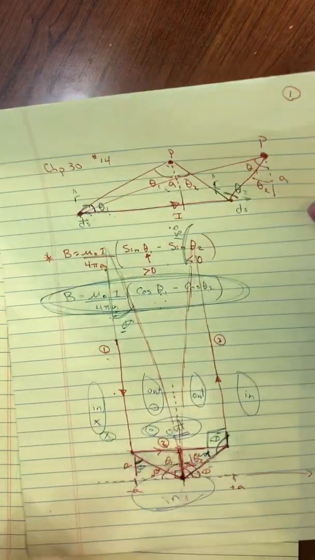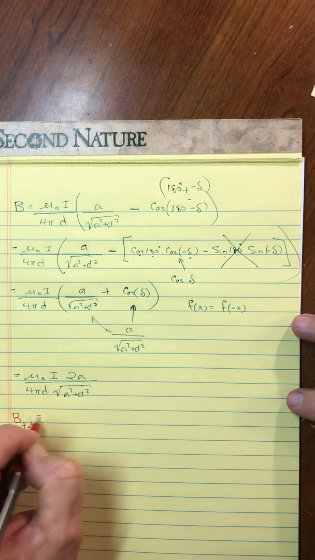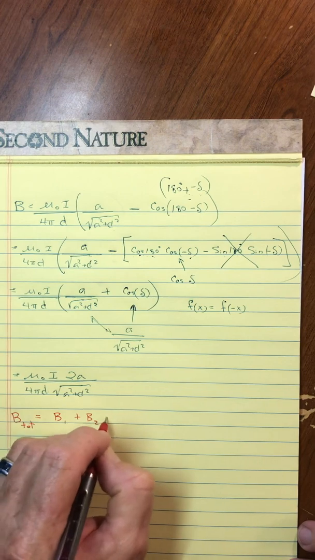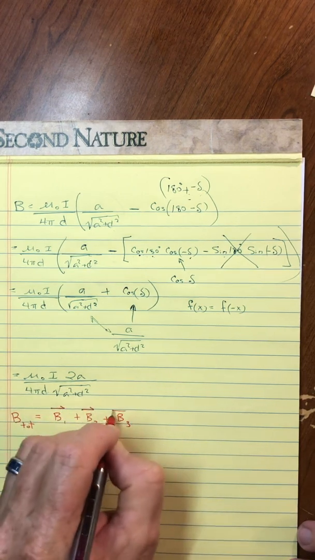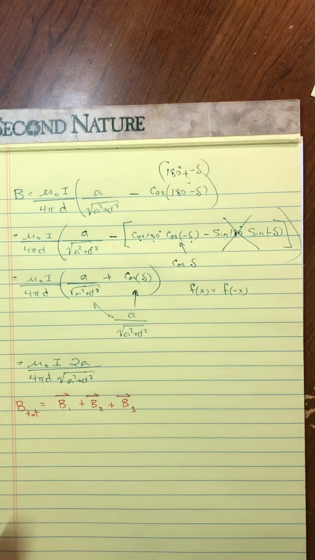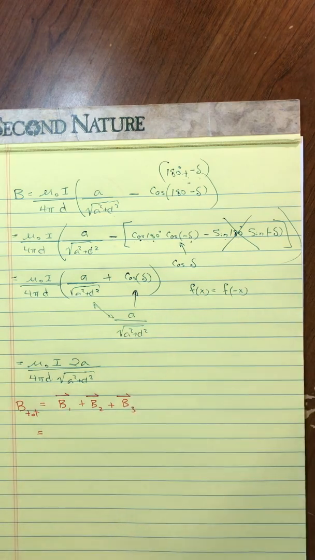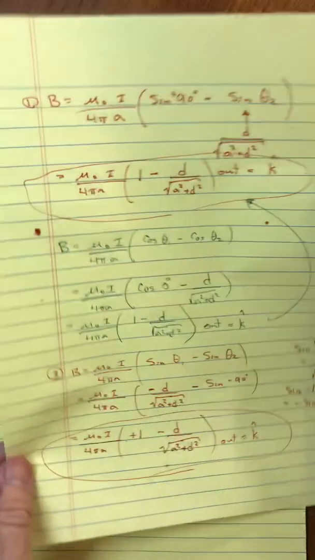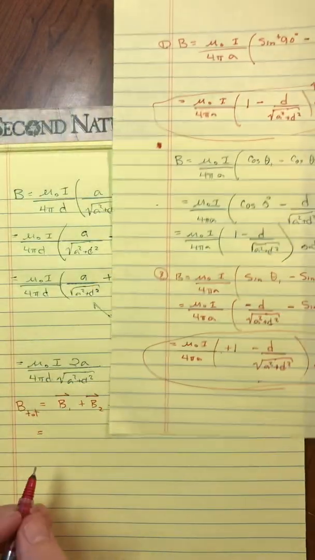Anyways, so now we can wrap it up finally. The final answer here: let's find the total field. The total field is the field from wire 1 plus the field from wire 2 plus the field from wire 3. So we've got the 3 wires to add together. We already proved that the field from 1 and 3 are exactly the same.